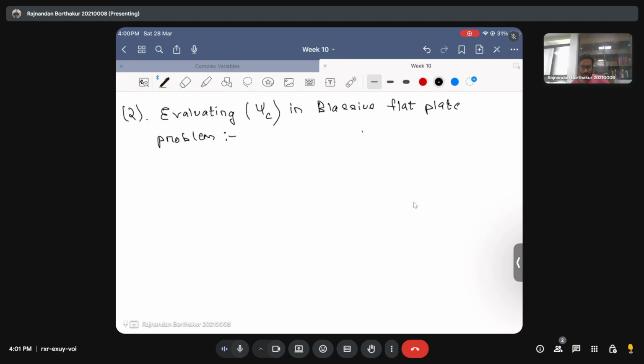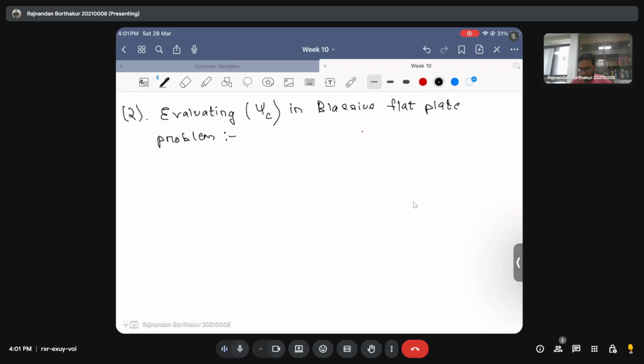Okay, so the next question is a little bit similar to the Blasius result. I mean, it is actually associated with the Blasius result, but we'll not derive it; we'll look into something else. For example, we learned the characteristic variables, right? We learned how to non-dimensionalize and select characteristic variables and non-dimensionalize the dimensional variables.